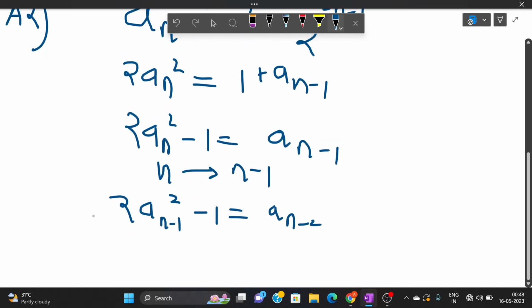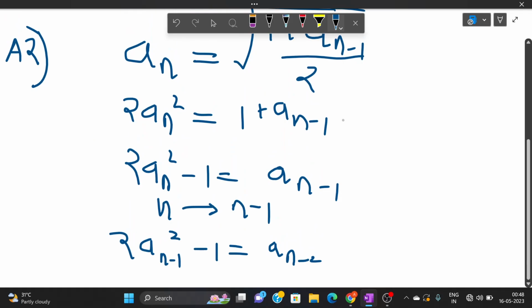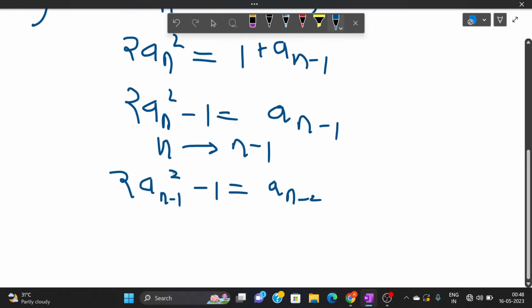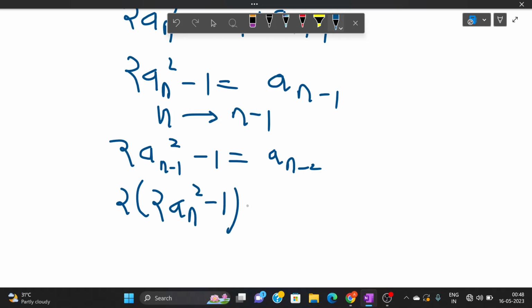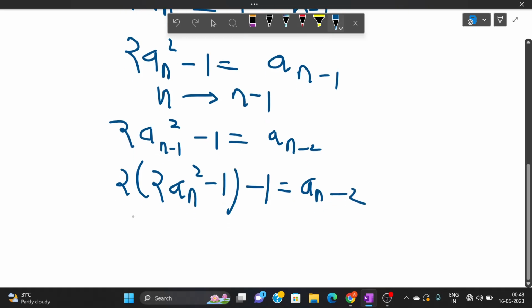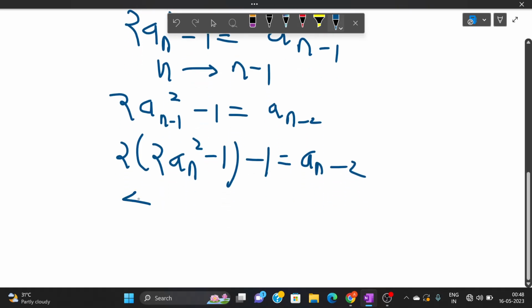And now in place of a n minus 1, we put 2 a n square minus 1. So we get a n minus 2 equal to 4 a n square minus 3.